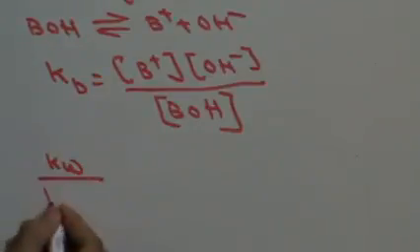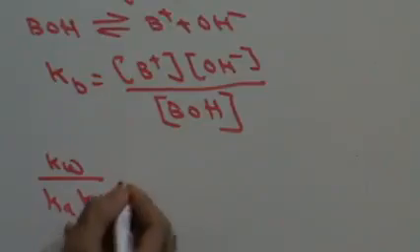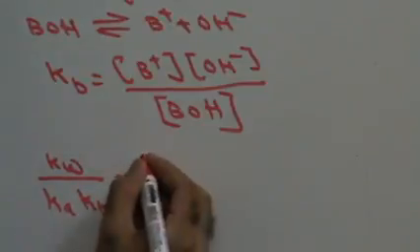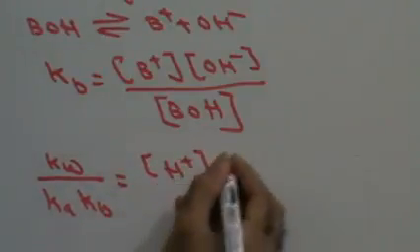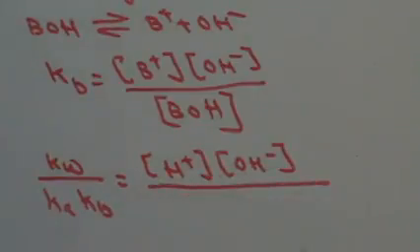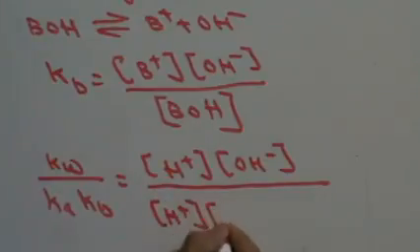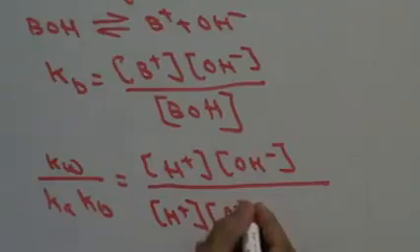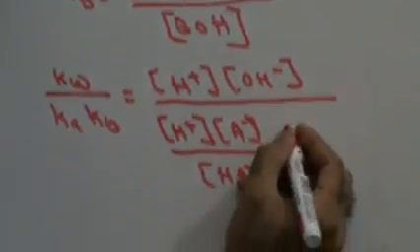Now consider the equation Kw upon Ka into Kb. Kw is nothing but H plus into OH minus, upon Ka, which we found out is H plus into A minus upon HA, and Kb is nothing but B plus into OH minus upon BOH.